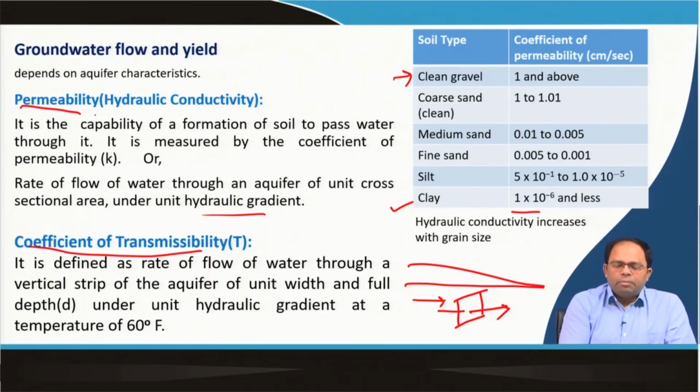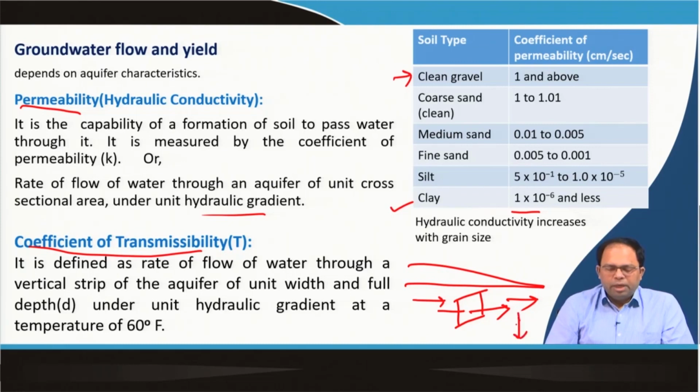In addition to permeability, which more or less determines the flow in this direction, how much water goes below is determined by the coefficient of transmissibility, which is defined as the rate of flow of water through a vertical strip of the aquifer of unit width and full depth d under unit hydraulic gradient at a temperature of 60° Fahrenheit. We are mostly concerned with permeability, because we want to understand how much water enters into a well and so on, but sometimes we also need to determine the transmissibility.